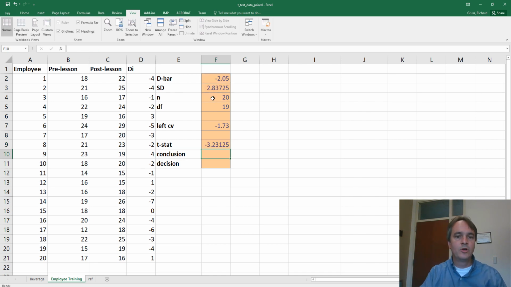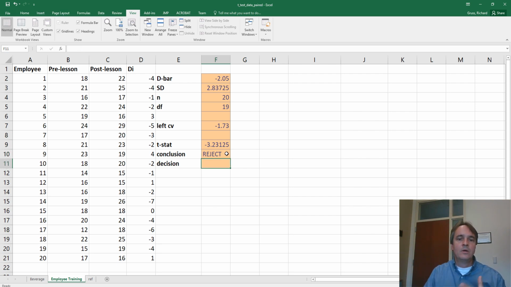And so we wound up with a t statistic of negative 3.23. Remember that if we have a statistic that is more extreme than our critical value, our conclusion is to reject. So we can reject the null.